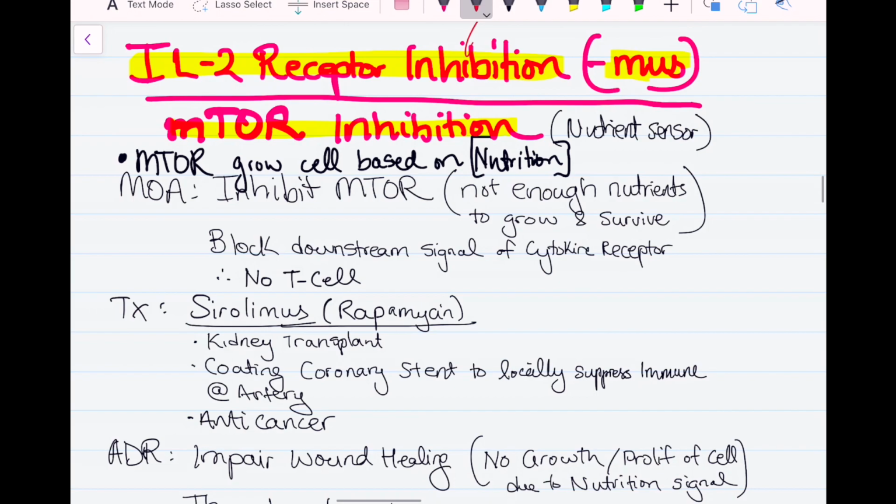Okay, so mTOR inhibition is important because this helps the cell grow based on the nutrition. So if the cell has all the proper nutrition, basically all the food in the pantry ready to go, it will tell the cell that you can grow. If it does not have the proper nutrition, then it will not allow that to happen.